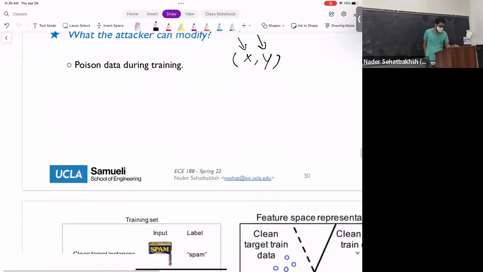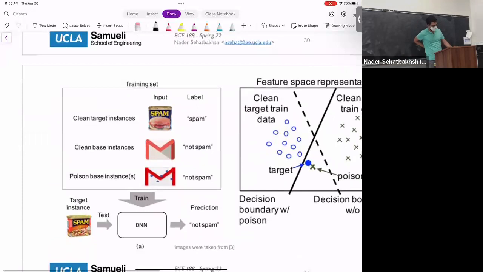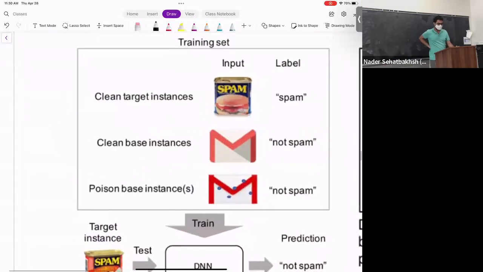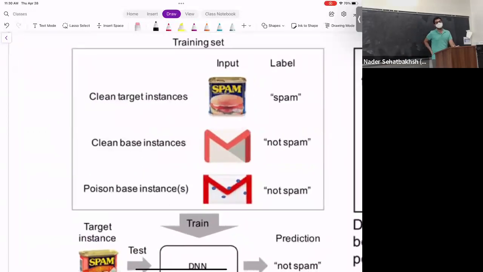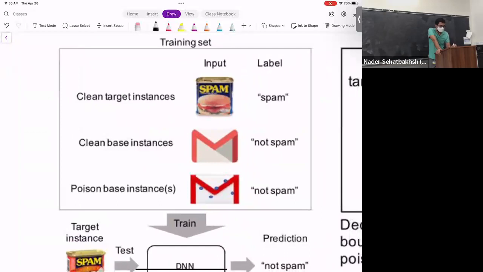Okay. So how does this work conceptually? Let's think about this example, which is spam detection in your email service. In your training set, you have what is called a clean target instance, which is a spam email, for example, and it's actually labeled correctly.